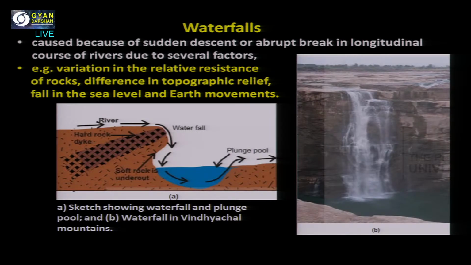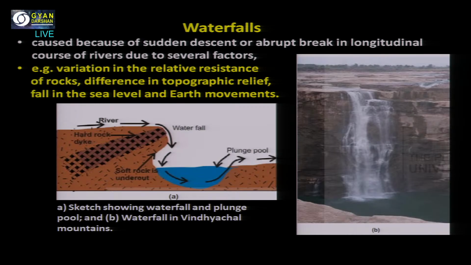Second is the waterfalls. It is another landform which is developed due to the sudden descent or abrupt break in the longitudinal course of rivers due to several factors like variation in the relative resistance of rocks, or the difference in the topography, relief, or fall in the sea level, and also due to earth movement.